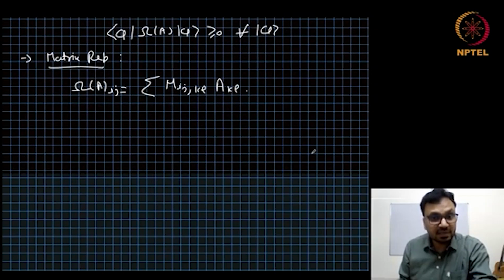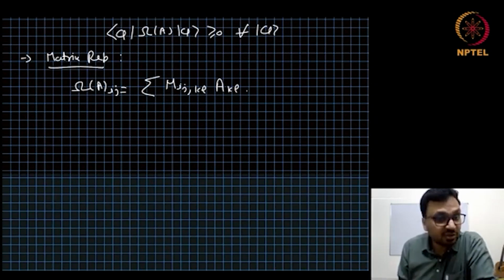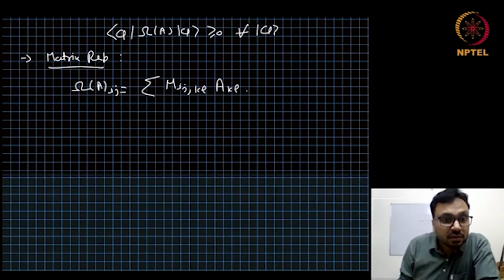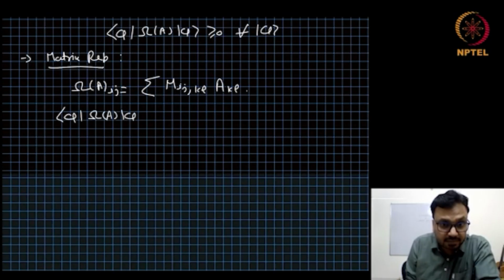This is the definition of the matrix representation. Now for every positive operator A, phi omega of A is also positive. So the positivity condition on phi omega of A is this for every phi.